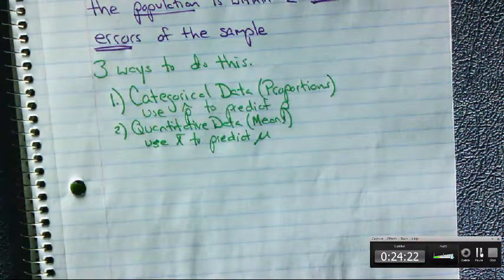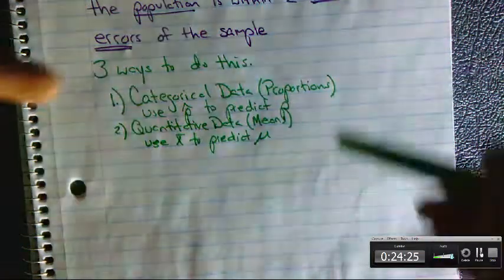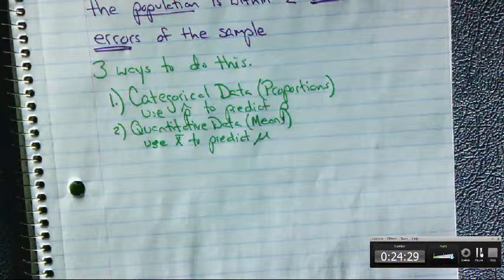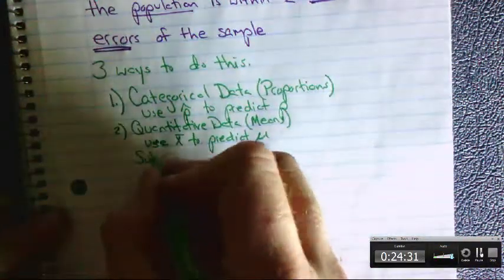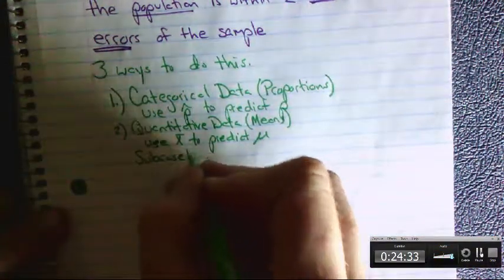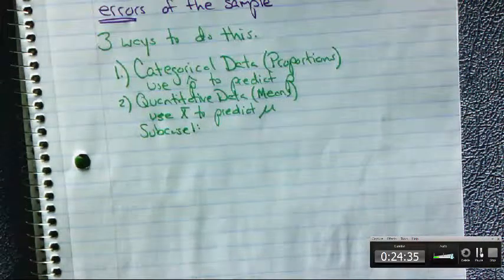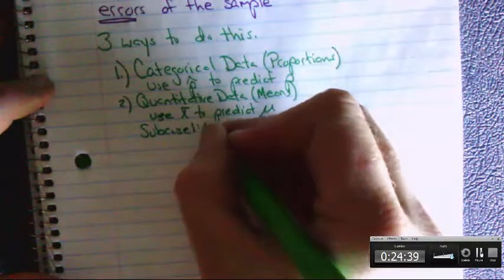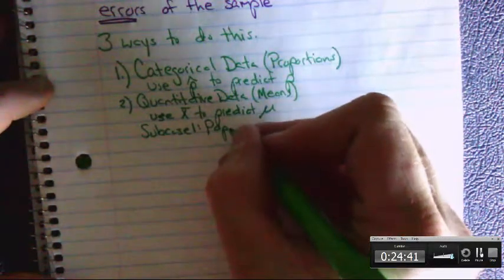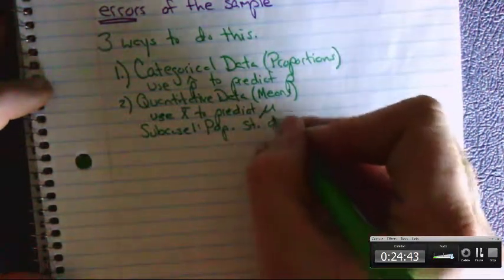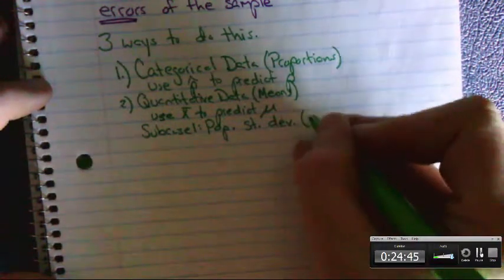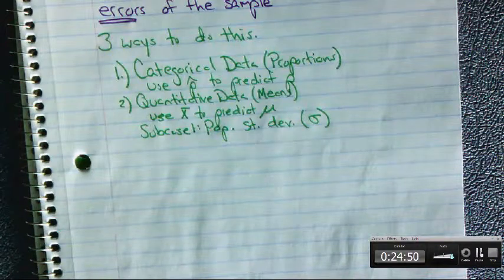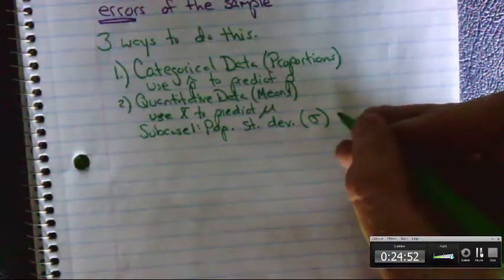Now, I said there's 3 ways to do this, and we've always just done categorical data and quantitative data. There are 2 subcases for quantitative data. Subcase 1: the population standard deviation, sigma, is known. This does not happen very often.